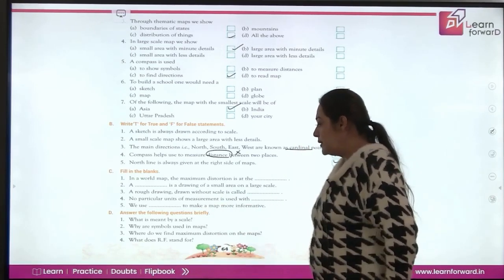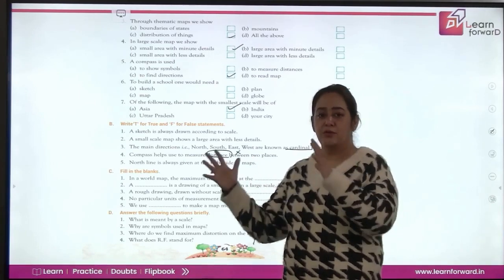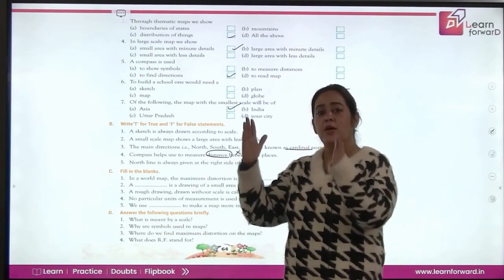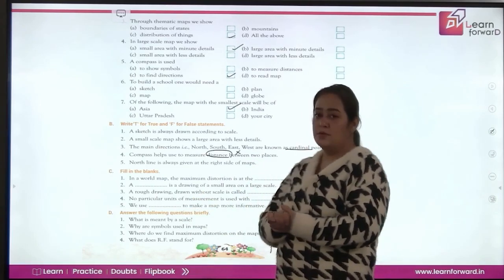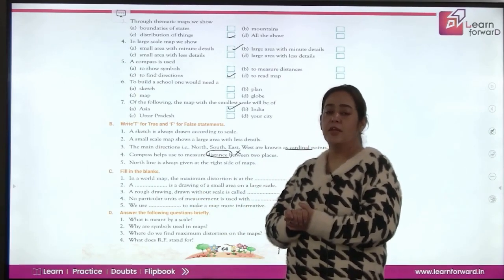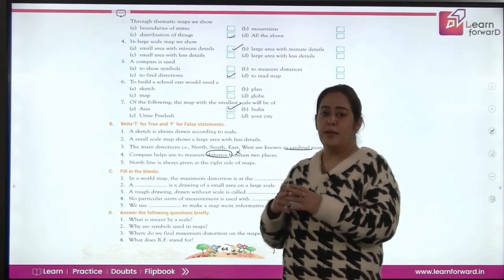Now, what is meant by scale? Scale is the ratio of the actual distance on the map to the distance on the ground. Using the conventional signs and symbols used in a map, we are able to locate a particular locality in a neighborhood.